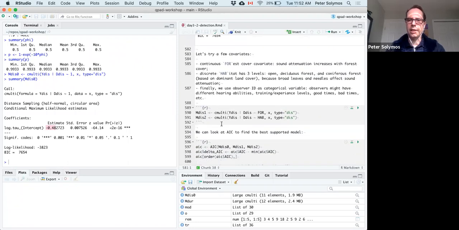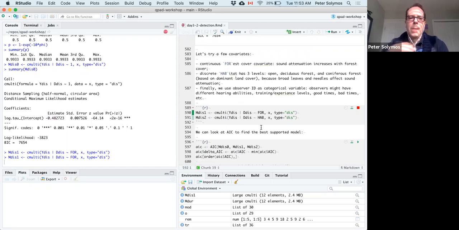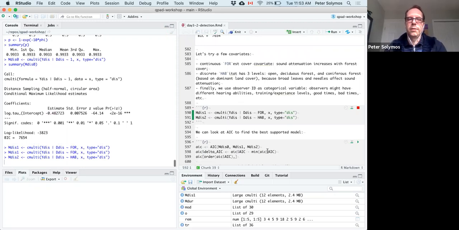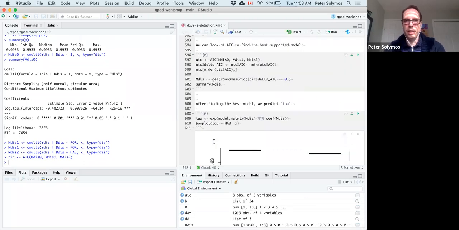We can also try covariates that are going to influence how the distance function looks like as a function of forest cover or different habitat types. So now we have three models for the distance sampling, and we can do model selection using AIC.